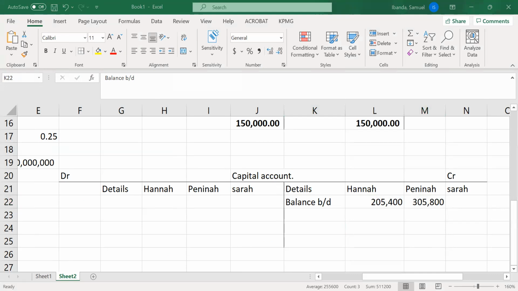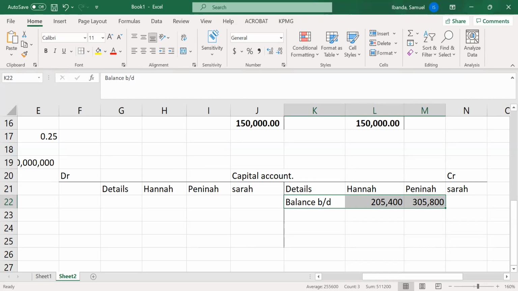Now, we know very well that there came a new partner, Sarah. When Sarah came through, Sarah contributed capital, but the partners also agreed to introduce goodwill. Not in the books of accounts, but they agreed on goodwill of 150 million. It didn't remain in the accounts because they are using the memorandum revaluation method.